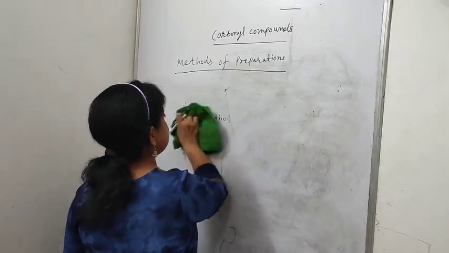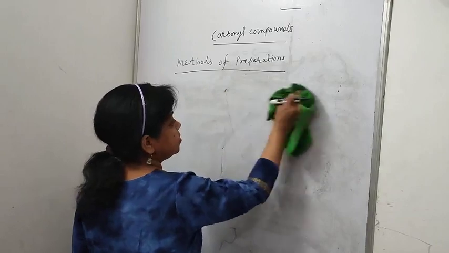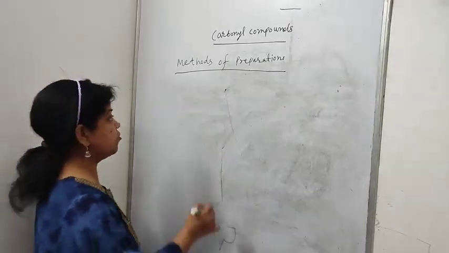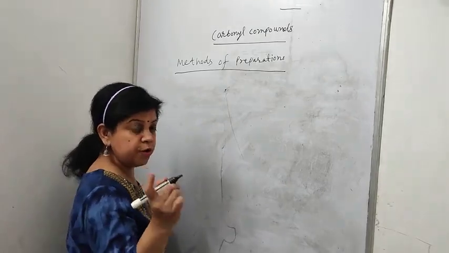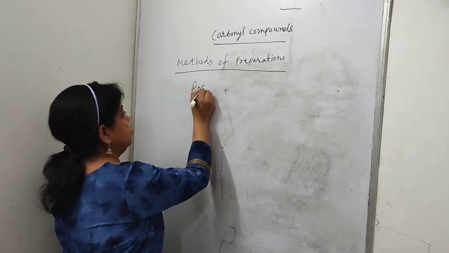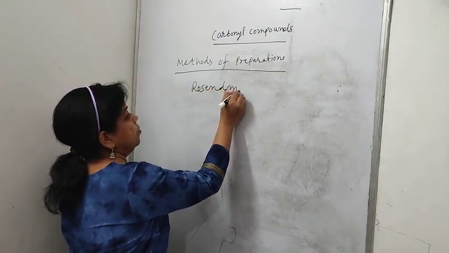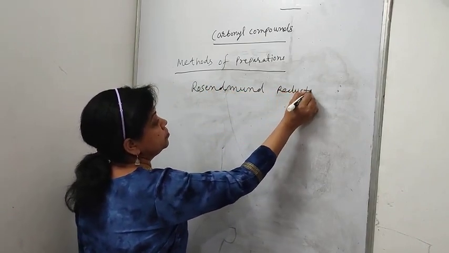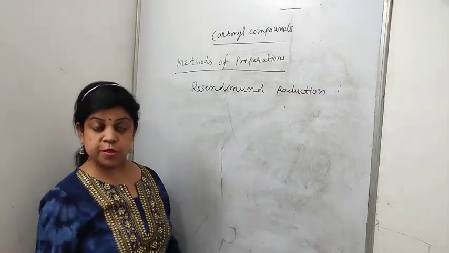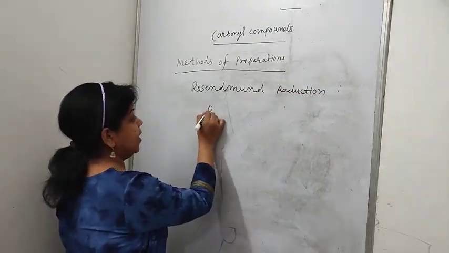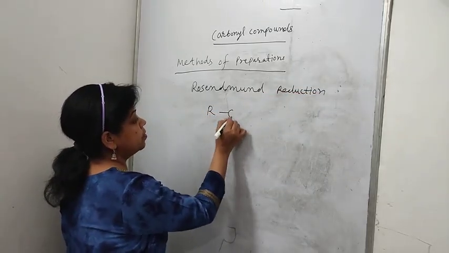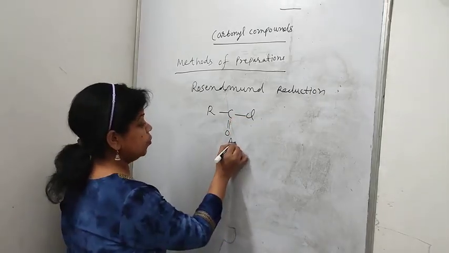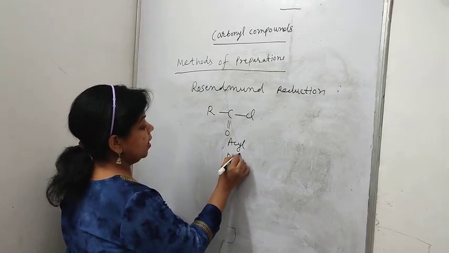A very important reaction of organic chemistry, that is the Rosenmund reaction. What is the name of the reaction, students? Rosenmund reduction. For this purpose, you have to take acid halides, RCOCl. These are known as acyl halides.